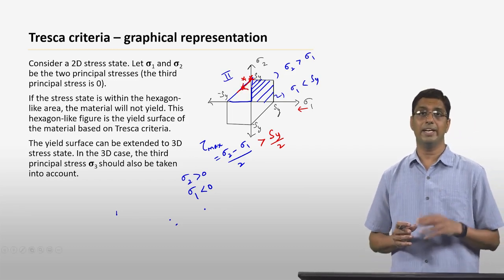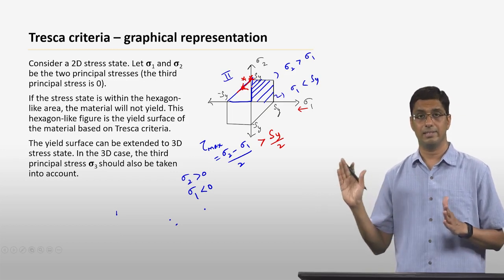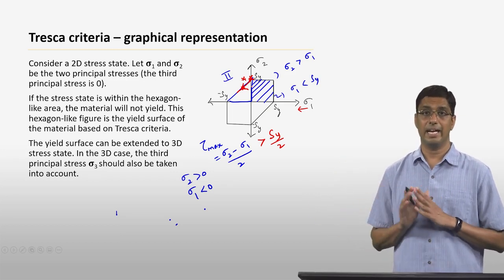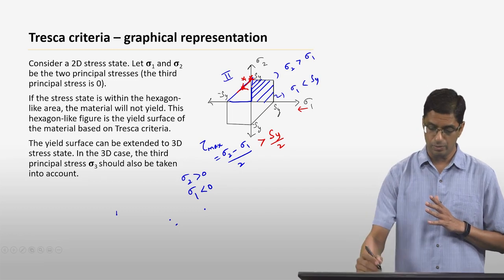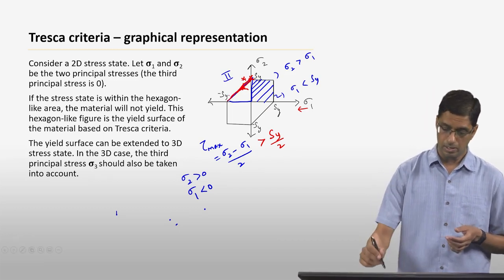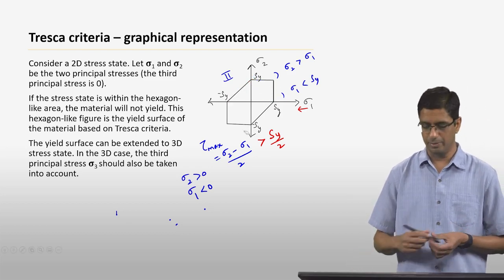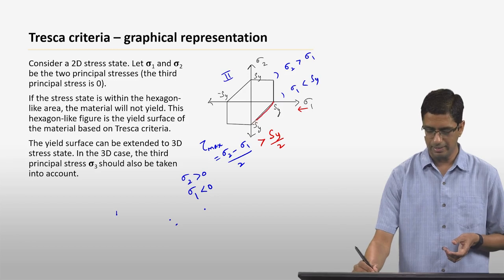That is the only way you can make sure that the maximum shear stress does not exceed Sy over 2. And that is why you have this kind of a slanted line here. You can use the same arguments to figure out that this line also has to be slanted.